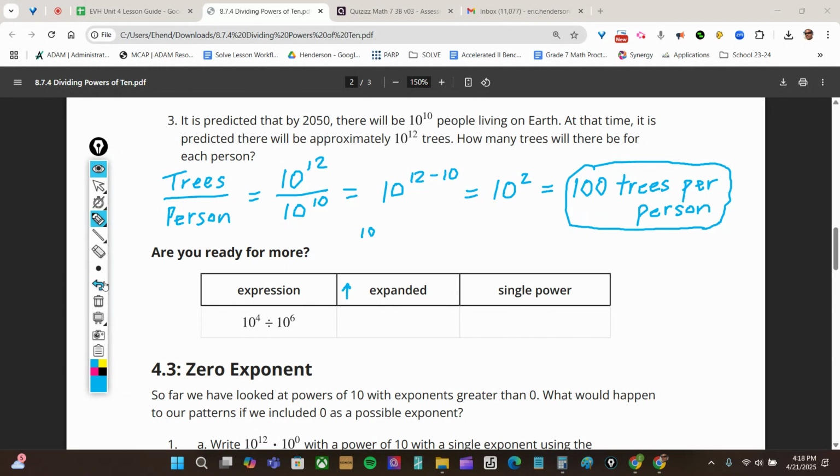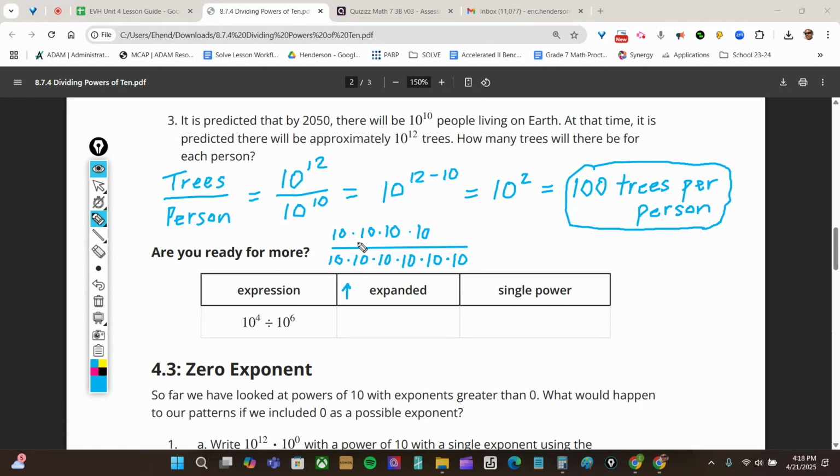So we got 10, that's 1, 2, 3, 4, that's 4. We got 10, 2, 3.